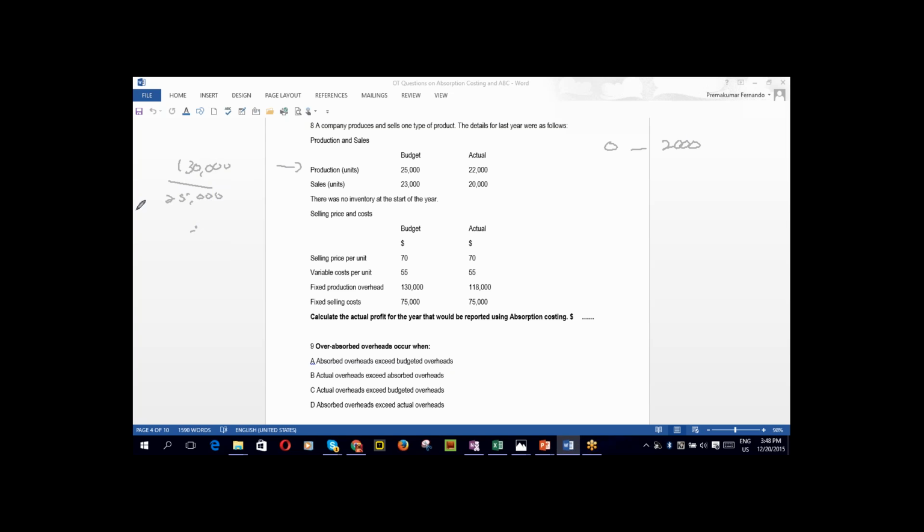That's the first thing you must calculate. It is 5.2. So 5.2 is the overhead absorption rate. Inventory has increased by 2,000. So when the inventory increases by 2,000, and this is what I want you to note down, profit will increase by that number of inventory, 2,000, times the overhead absorption rate.